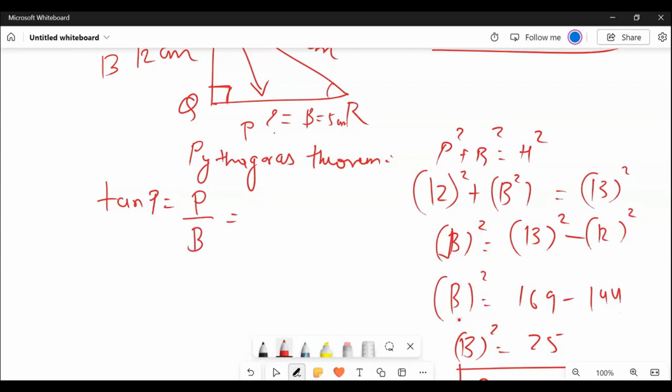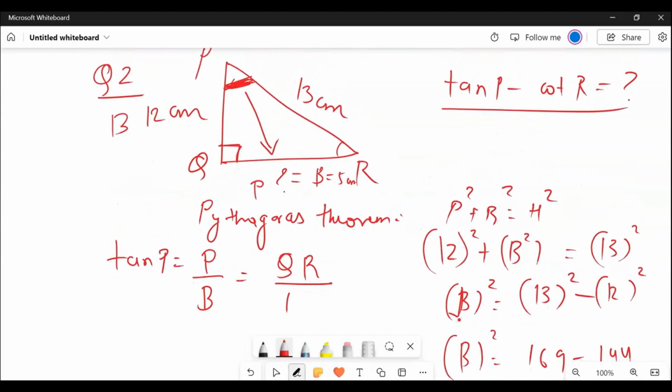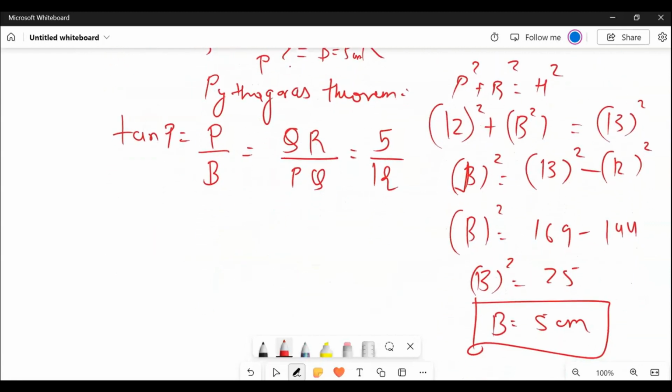So perpendicular for tan P is QR, opposite to the angle, and base is your PQ. So QR can be written as, we have just figured it out, 5, and PQ can be written as 12. Okay, do not get confused by 13 and B. B is your base and 13 is written 13.